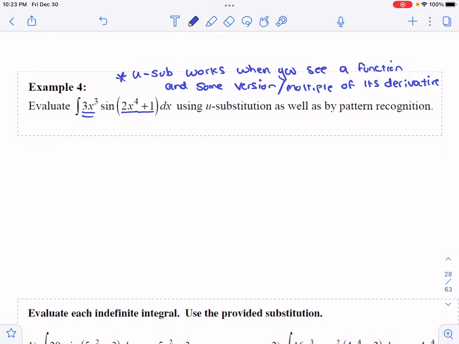I'm using the term multiple loosely. I just mean basically any constant that can be scaled up or down to be the appropriate substitution.